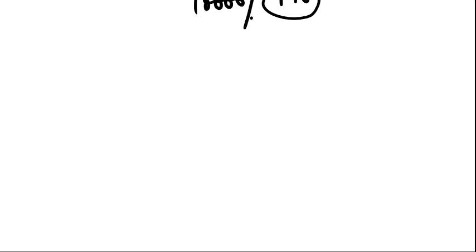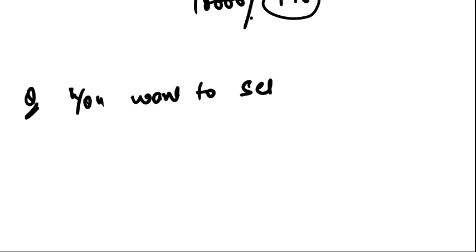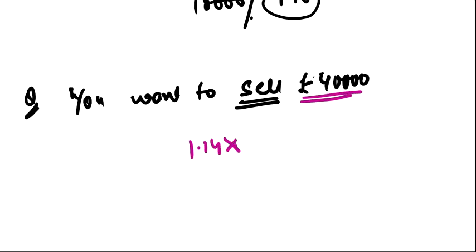Clear? Write down. You want to sell 40,000 euros. Clear? So when you want to sell, it is at a lower rate. That means 1.14. Clear? Multiply or divide? Multiply. Why? Because this is in your base currency. Clear?